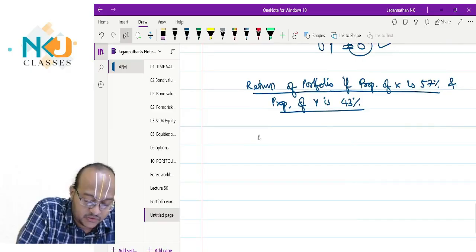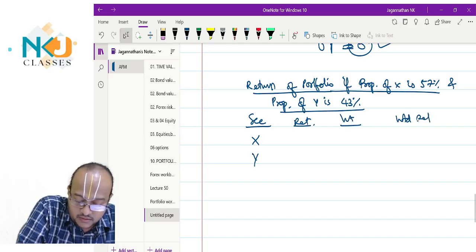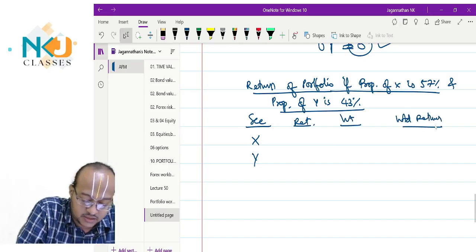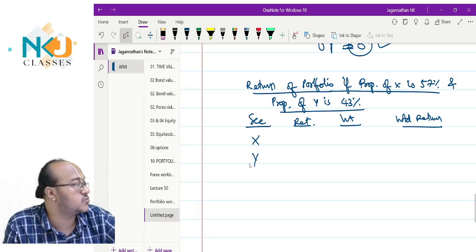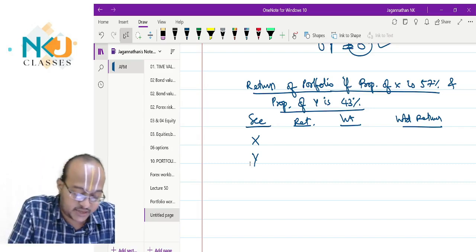Now X and Y securities, weighted return. What is the security return of X and Y? What is given in the question? 12 and 15%, the expected return.